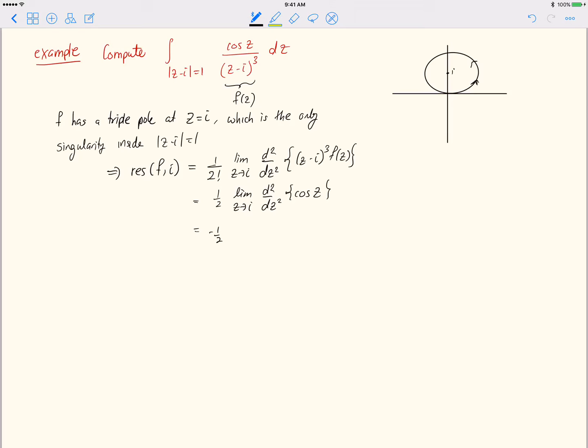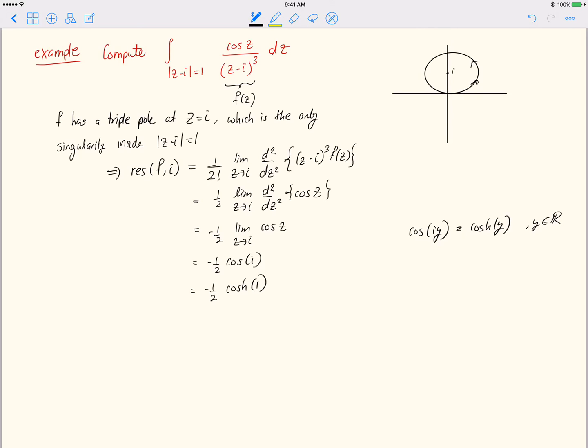So this will become negative a half, limit as z approaches i of cos z, which will become negative a half cos of i, and I can write that as negative a half cos of 1. Here I'm using that result that says cos of iy is just cosh of y when y is real.